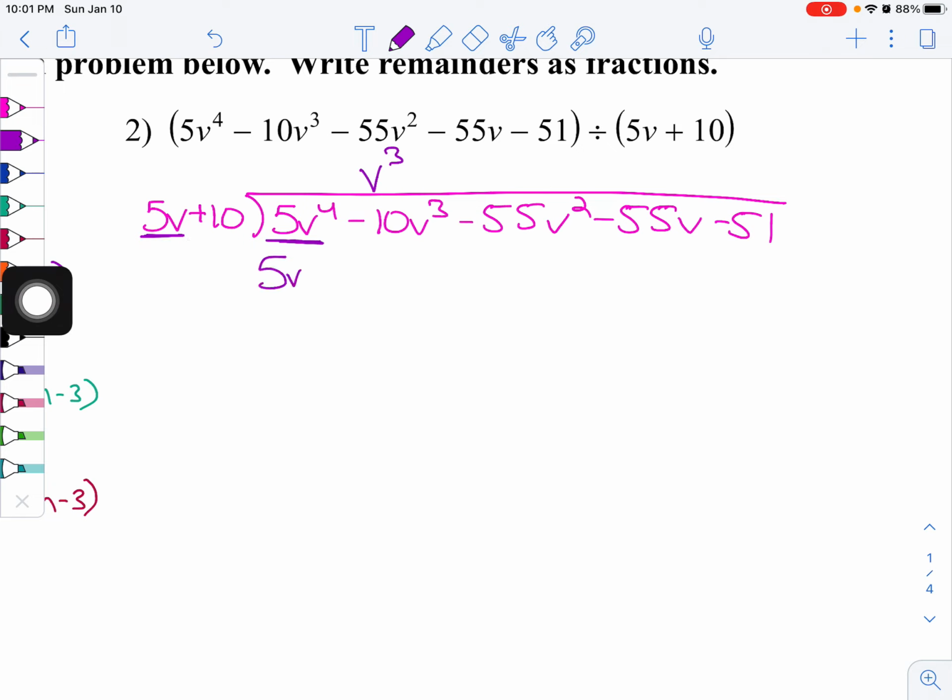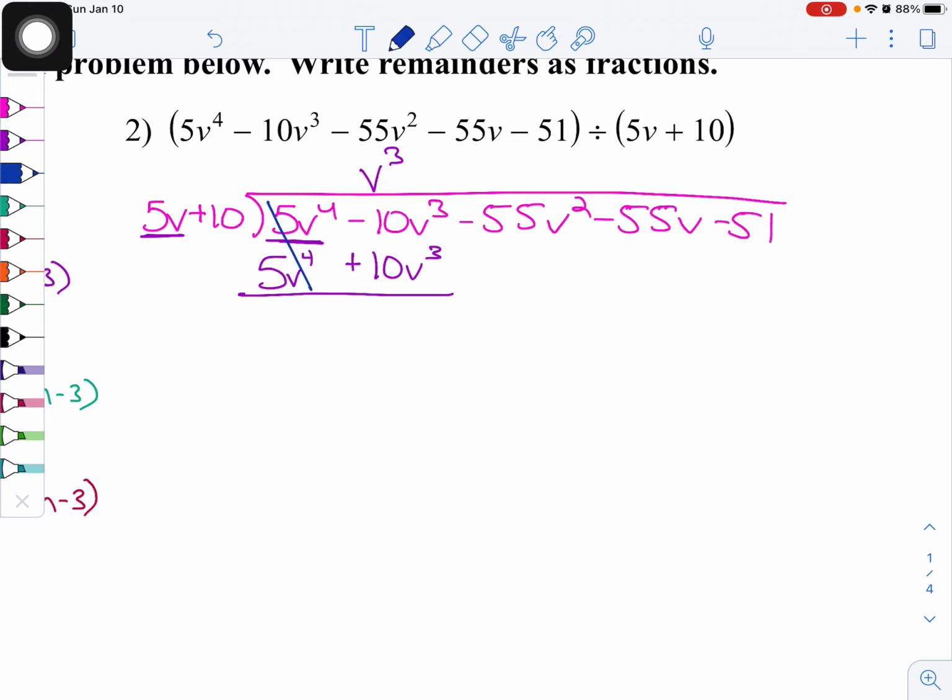So v cubed times 5v would be 5v to the 4th. v cubed times 10 is going to be plus 10v cubed. All right, first 2 terms cancel each other out. Oops, one thing I forgot, there's a little subtraction bar there. So those first 2 terms have to cancel when you're doing this.